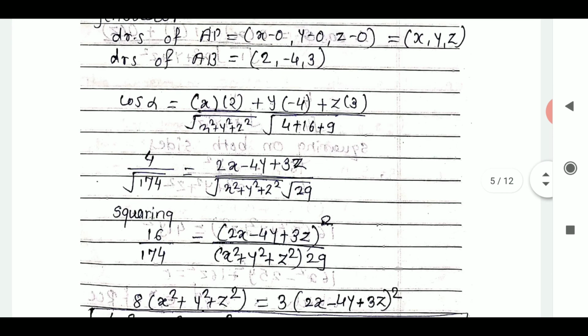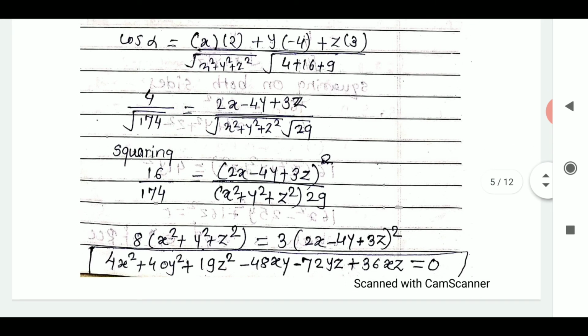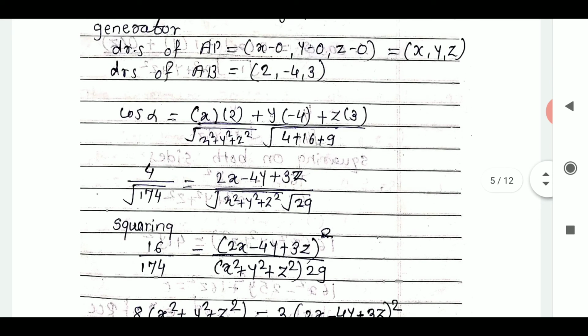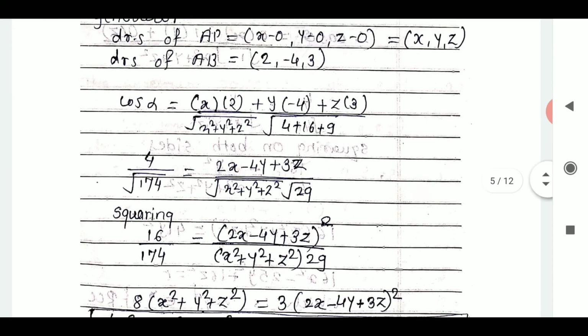Therefore cos alpha is equal to A1A2, that is x into 2, plus B1B2, y into -4, plus C1C2, that is z into 3, upon root of x² + y² + z² into root of A2² + B2² + C2², that is 4 + 16 + 9.